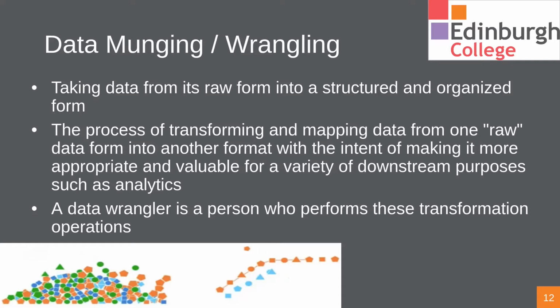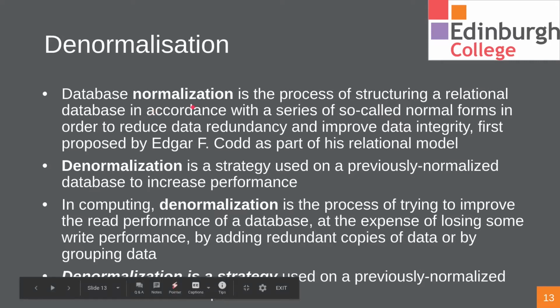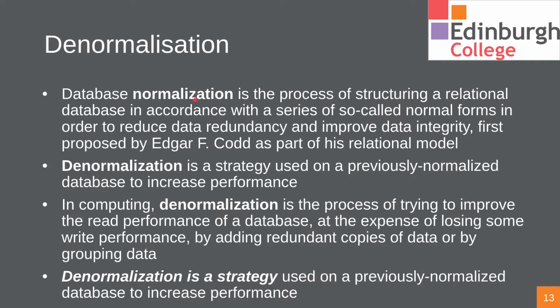The last topic of this process is called denormalisation. Denormalisation can also be spelt with a Z if you're using the spelling from the United States of America. To know what denormalisation is, you need to know what normalisation is.